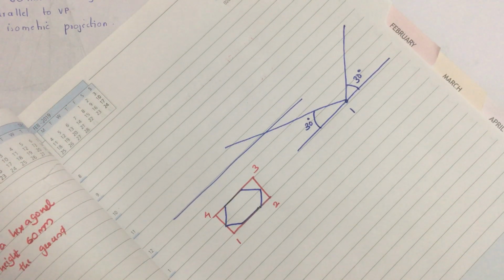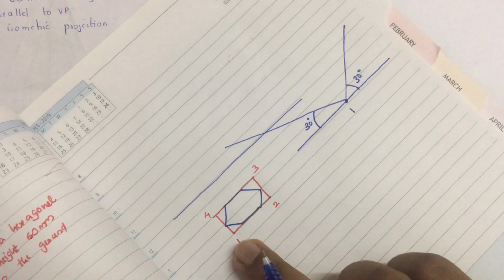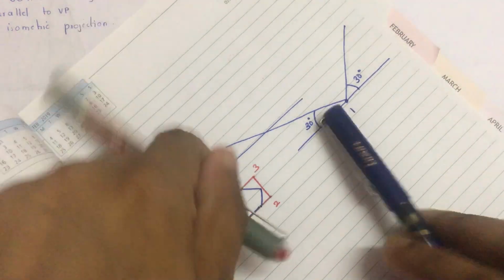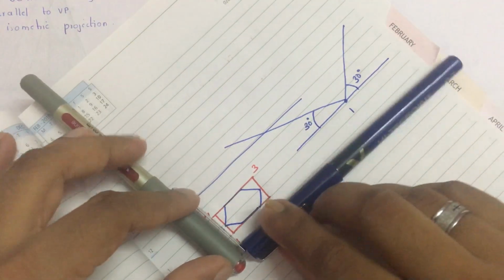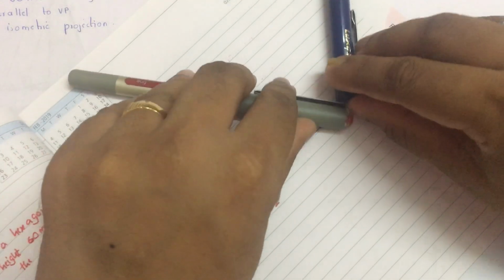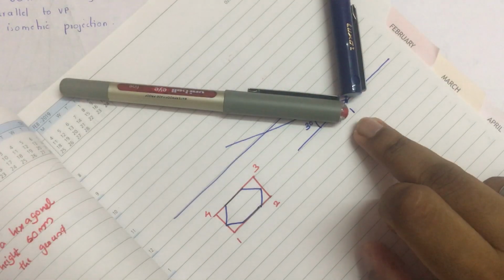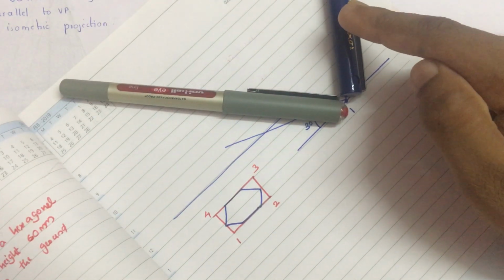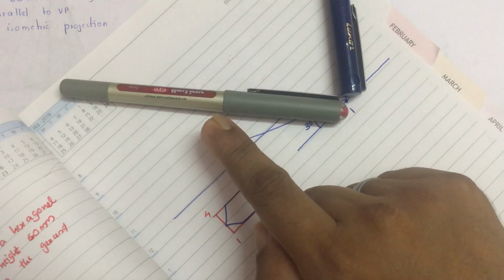Okay. So, the next step is to mark the point 2. If you are tilting this rectangle so that 1 comes here, then 2 will be coming over the right side, and 4 will be coming towards the left side.